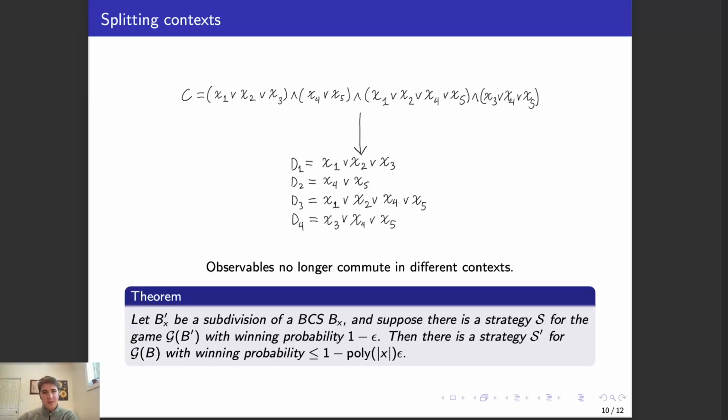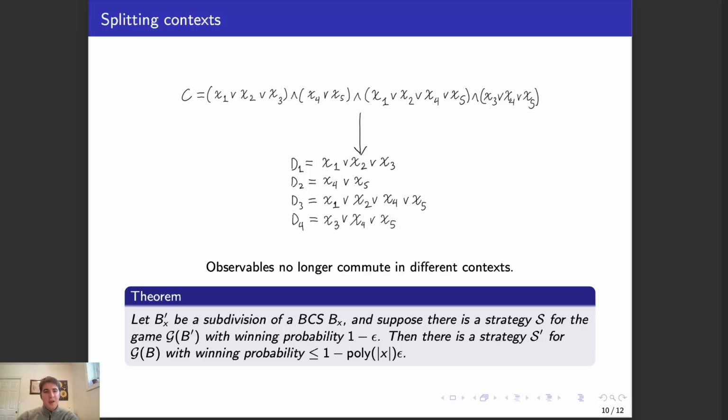The second and more difficult of the transformations we identify is called a subdivision. In a subdivision, we take what was one constraint in the original BCS and split it up into multiple constraints in the new BCS. A key point that makes the analysis of these things difficult is that we can no longer rely on observables for variables in different contexts in the target of a subdivision to commute with one another.